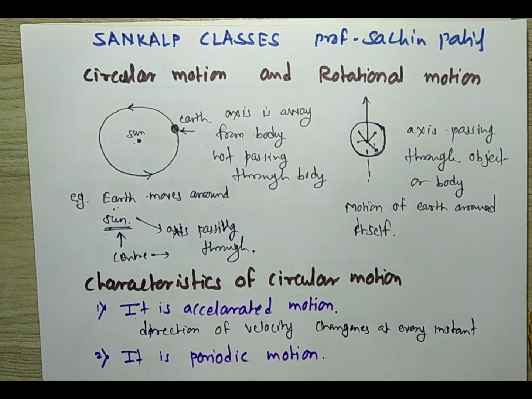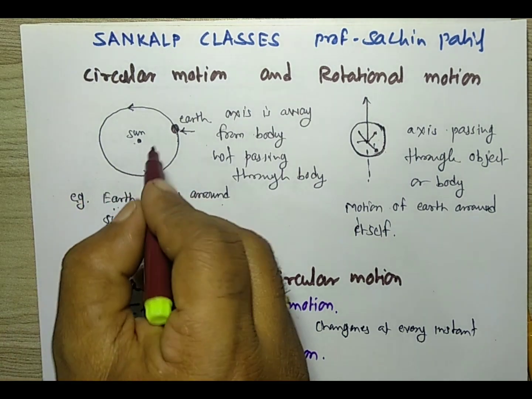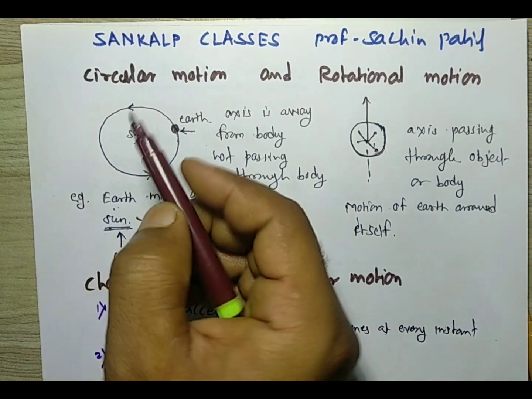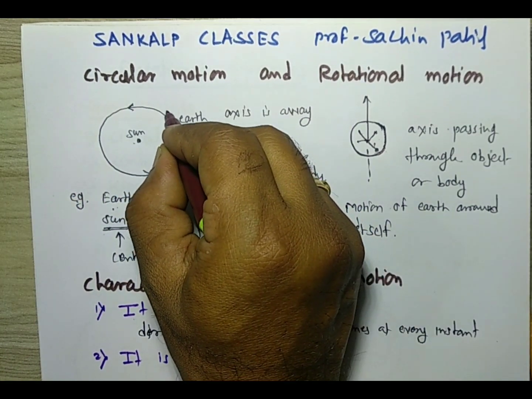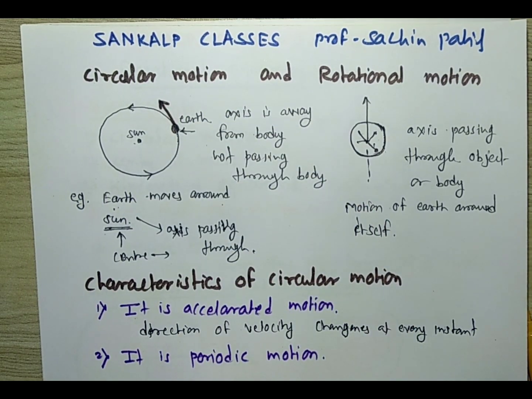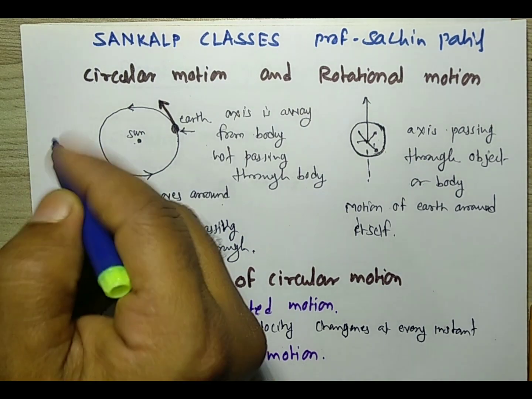Direction of velocity changes at every instant. Consider a particle moving along the circumference of a circle. At that time the velocity of that particle, or velocity of Earth, is different at different positions.